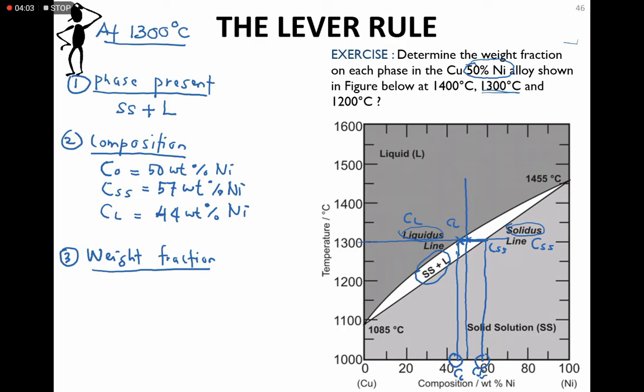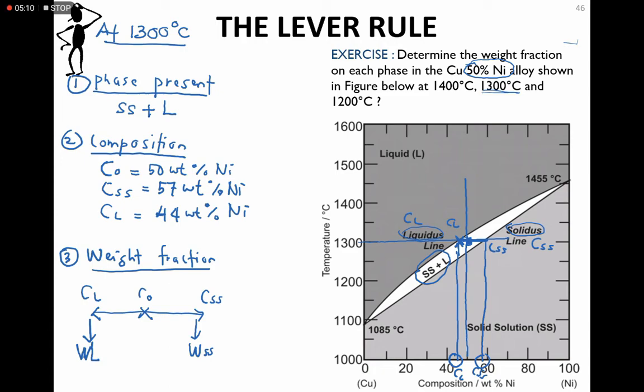To calculate weight fraction, please use the lever rule. So your lever rule: your left side is CL, the right side is CSS, and in between CL and CSS is your C0. You can find WL and also WSS.